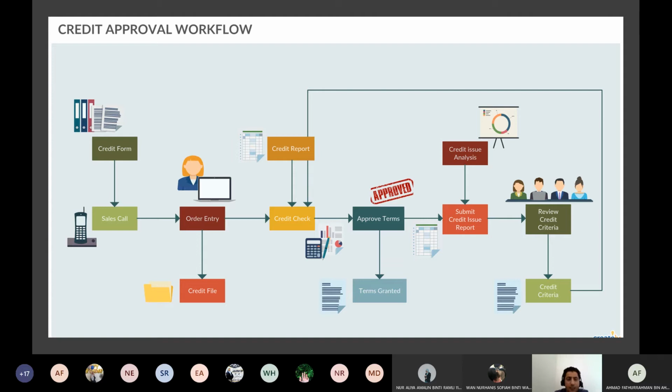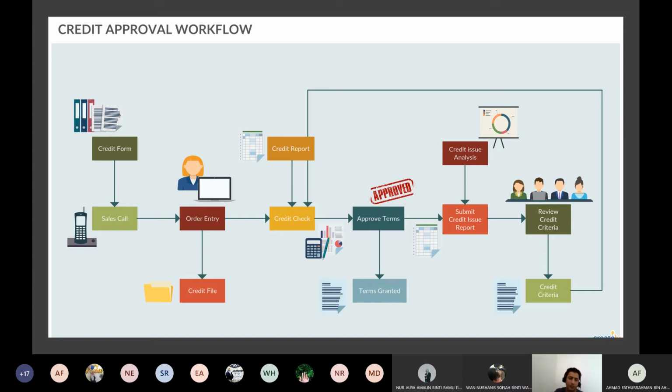So we can see that they start from the form, and then they have the sales call. This goes to the order entry, and here we have one staff member who keys in the order and updates the credit file. Then the credit check will be handled by one staff member, or by the system if it is through software, and they will refer to the credit report, and so on.